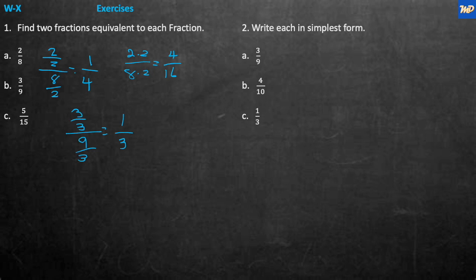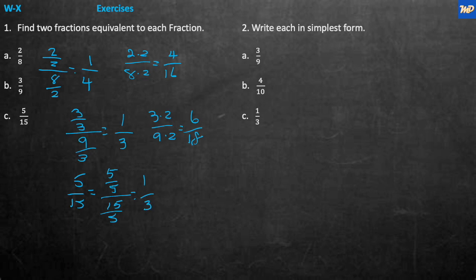Let's pick one for multiplication. So it could have been 3 times 2 over 9 times 2, and that equals 6/18. That's equivalent to 1/3, because 6 times 3 is 18. Now for the C, we have 5/15. Again, an equivalent one is we can divide the top by 5, and the bottom 15 divided by 5, and we come up with 1 over 3.